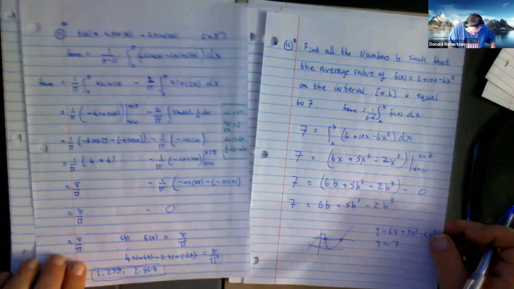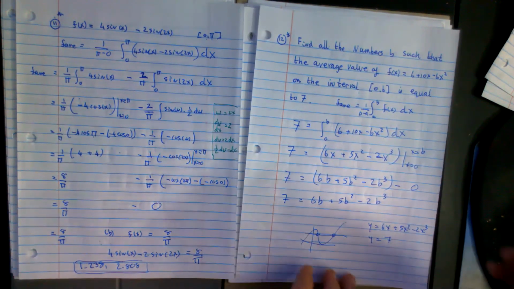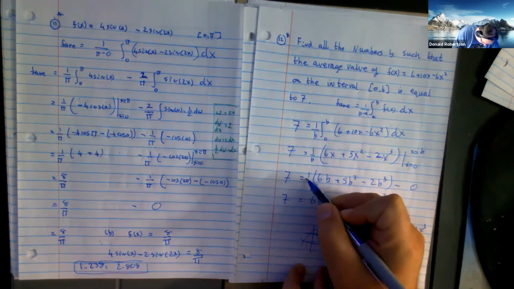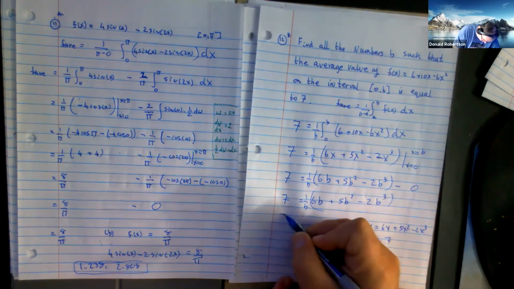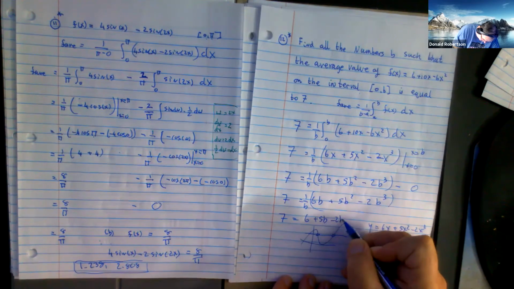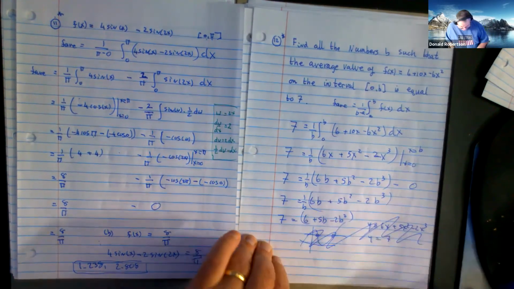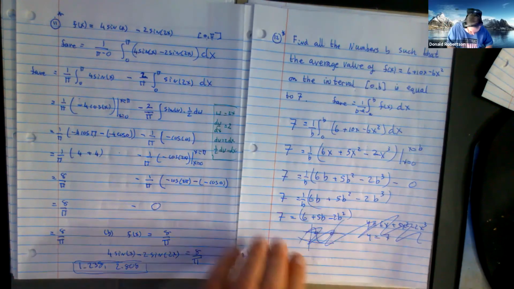What about the 1 divided by b minus 0? You are right. Oh, I do not. Do you see that 1 over b basically reduces this down by a power?